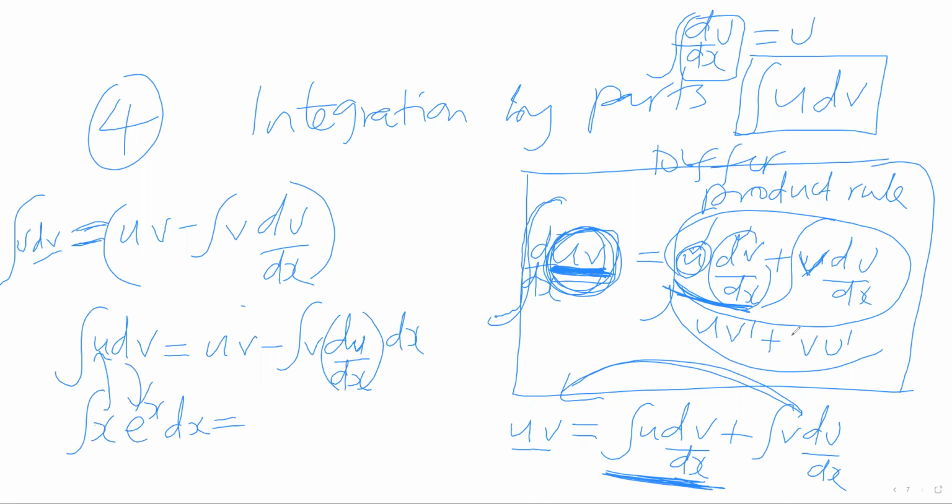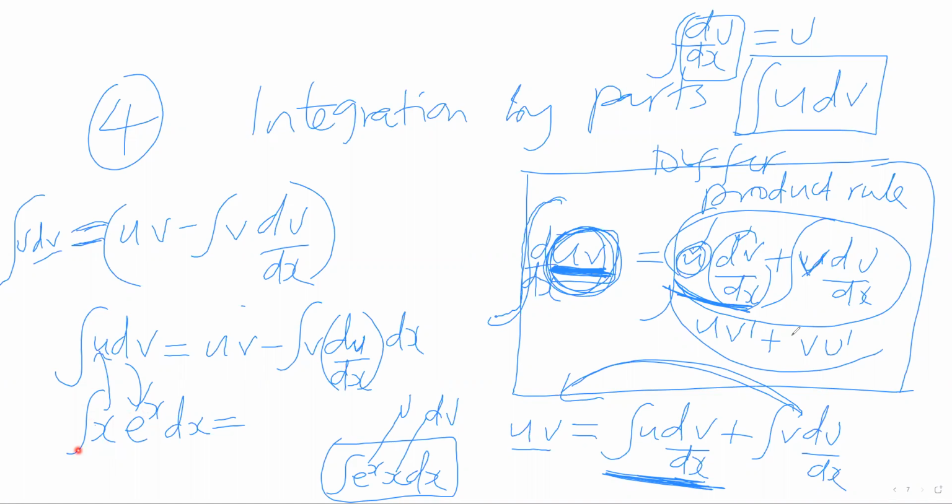And you need to be very careful. Sometimes these functions can be swapped. Let's say they were written like this, and you say, maybe let me let this be u and this be dv. You have issues integrating. So in your choosing here, you need to be a little bit careful.